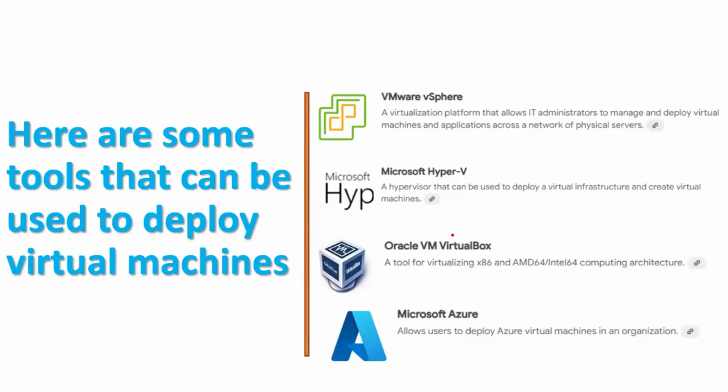On top of these virtual machines, you can build different kinds of operating systems, Windows or Linux flavors. In terms of Windows, you can build Windows Server 2019, 2016, 2022. In terms of Linux, you can build Red Hat, CentOS, Ubuntu.